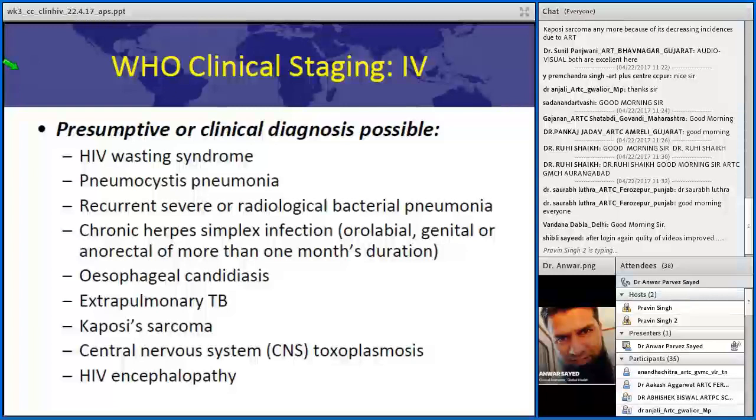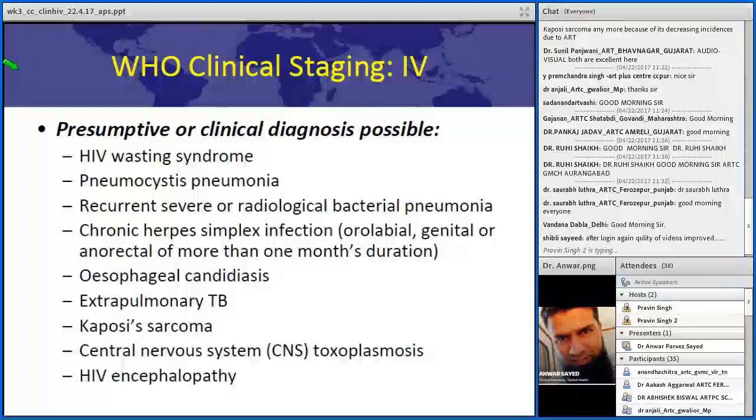It can be called as again clinical diagnosis, but we are not confirming that in lab. We are not isolating the pneumocystis jirovecii and we are not seeing that under microscope. So we are not confirming that diagnosis, but that will be called as a clinical diagnosis. So PCP clinical diagnosis is possible.